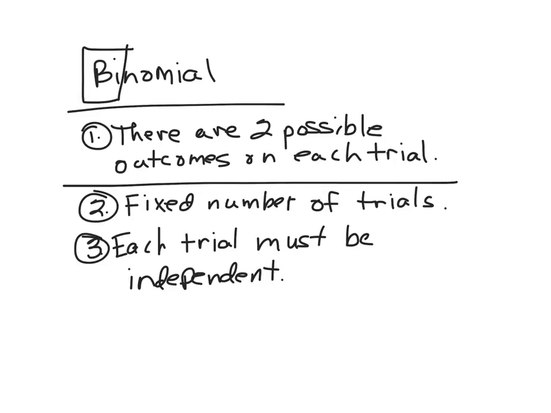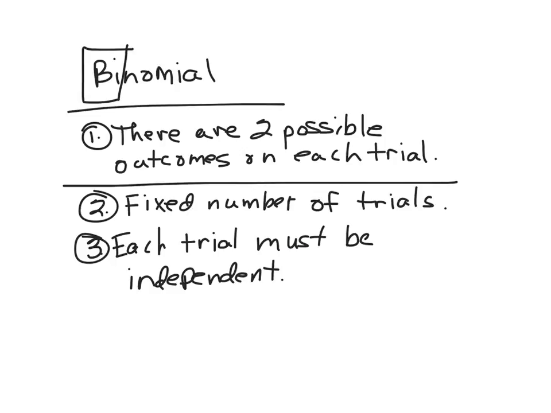So now it's time to talk about it. You might have seen that word floating around on some of the pages in your book. What does it mean for events to be independent? Well, it means the occurrence of one has no bearing on the probability of the other.